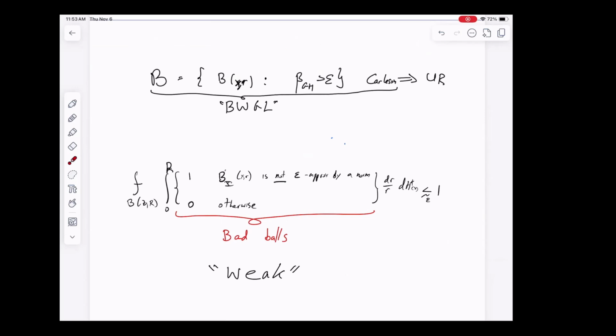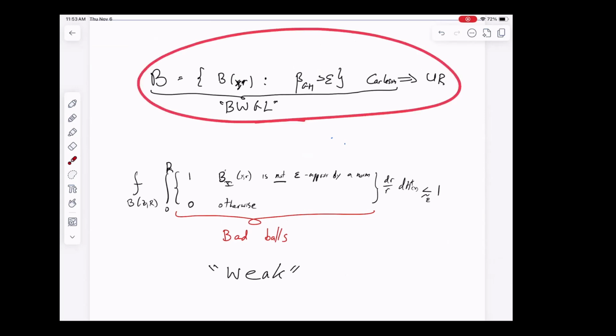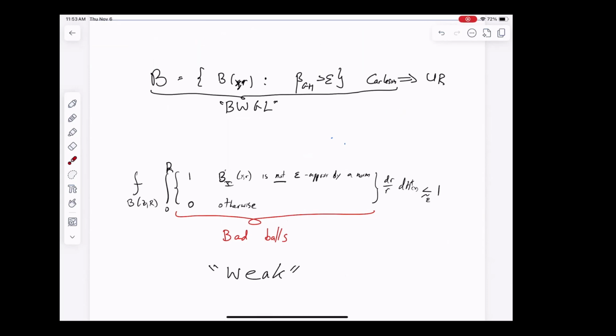Two minutes. Okay, so let me just say this was called a weak condition, because we fixed some epsilon and we looked at where this is bounded by epsilon. In Euclidean space, there's what's called a strong inequality. Uniformly rectifiable sets are characterized by this weak inequality, but more is known: if you're uniformly rectifiable, then you have a strong inequality, meaning that here we rounded up epsilon to 1, and we rounded down less than epsilon to 0.